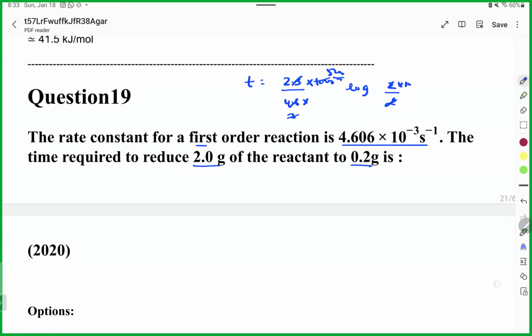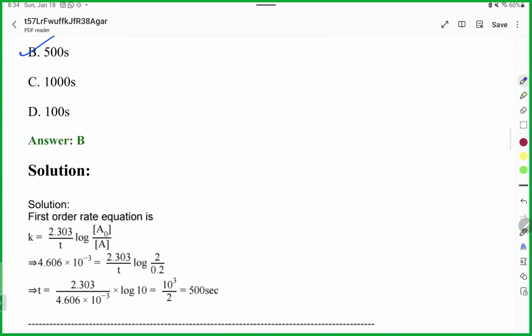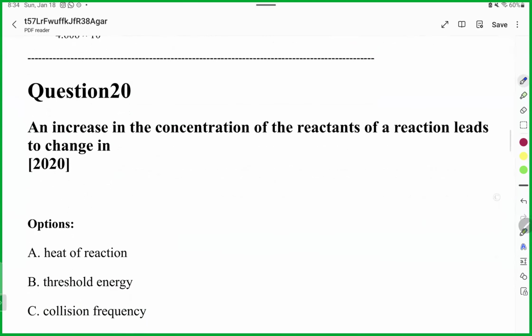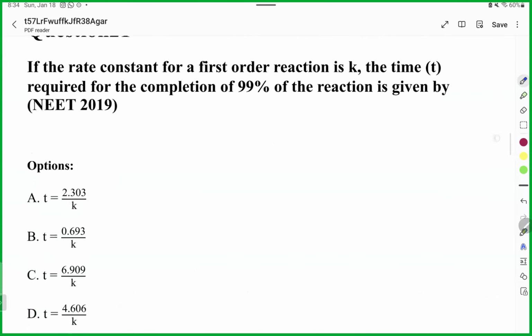So 500 seconds. Yes. Was it easy? Yes, only numbers. That's it. Barinder Kaur, answer? Option A.